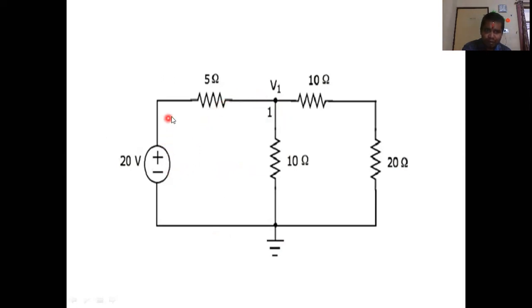Let us assume a current I flowing in this direction, a current I1 flowing in this direction, and a current I2 flowing in this direction. This is V1, V2, the reference branch. So this is one branch, this one branch, this one branch. So 3 branches, 3 currents, each flowing in an assumed direction, right?